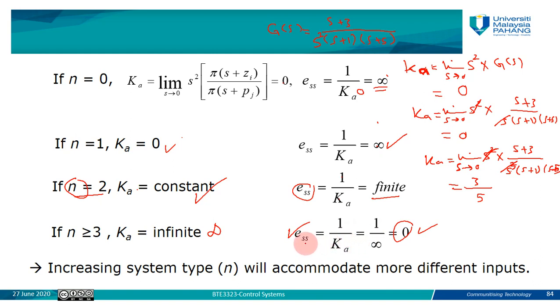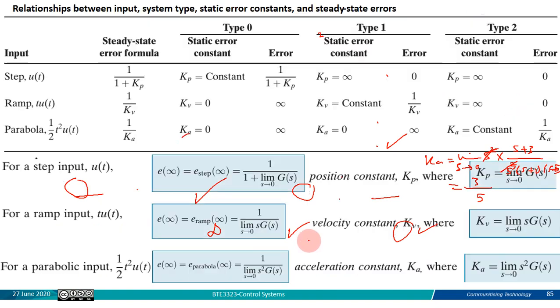All these cases with the different input functions or waveforms, with the different constants, Kp, Kv, Ka, and the different system types, type 0, type 1, type 2, can be found in this table.